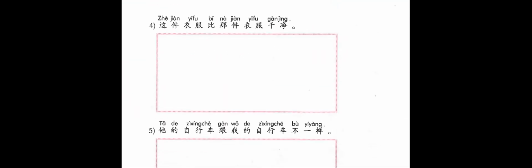Next one, number 4, 这件衣服比那件衣服干净. Spanish here is much shorter, okay? 这件衣服比那件衣服干净.